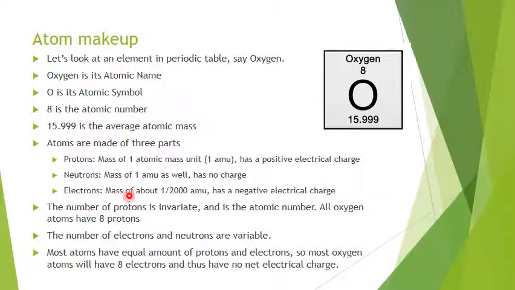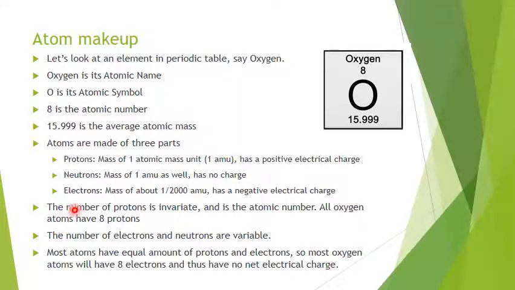Electrons have a mass way less, about 1/2000th of an AMU, but have a negative electrical charge. So protons and electrons have equal but opposite electrical charges. We're not going to be worried about mass right now, or even neutrons. We're just going to focus on protons and electrons and their charges.